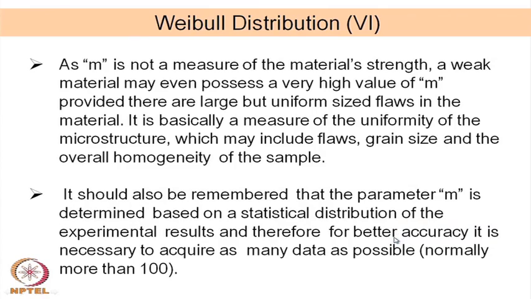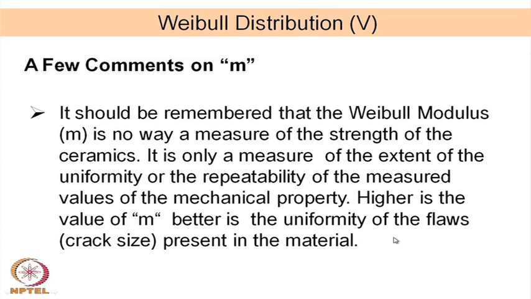So, our objective must be to get as high a value of m, or the Weibull modulus, as possible for a particular set of data. The higher the value of m, the better the uniformity of the flaws, the crack size present in the material.